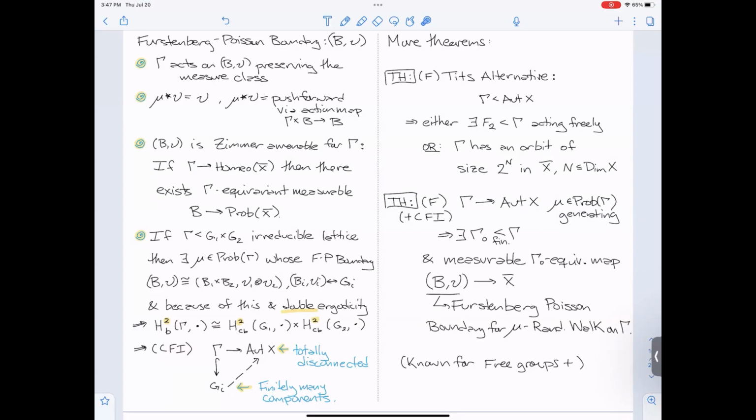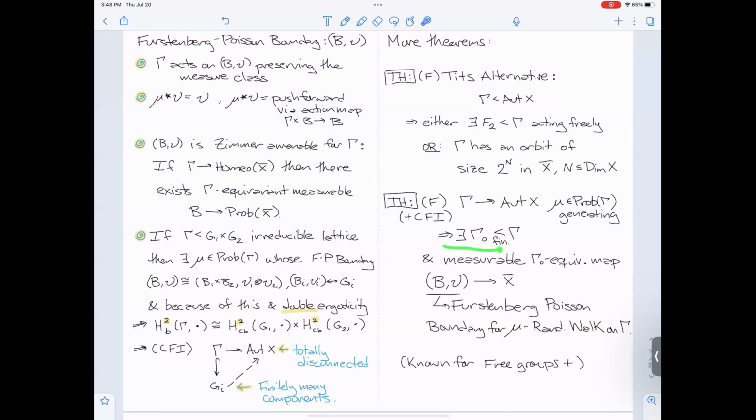Another theorem that you can extract from this is, again, I'm choosing a generating probability measure on gamma, and I'm assuming that I have an arbitrary action on the CAT(0) cube complex. I'm not assuming anything about the complex X except for finite dimension. I'm not assuming that it's locally compact. It's just finite dimension.